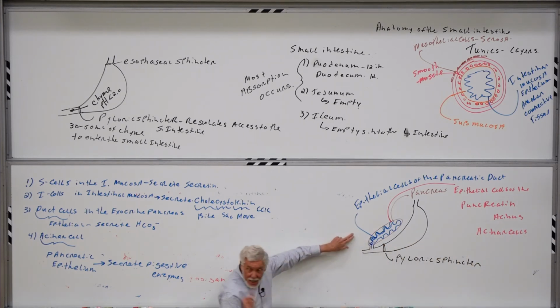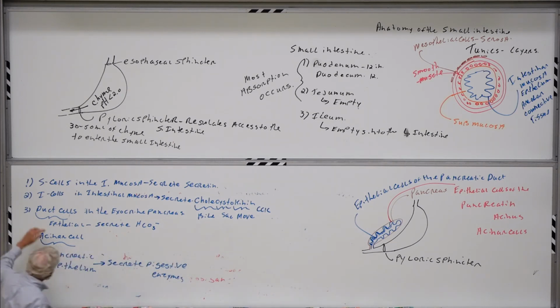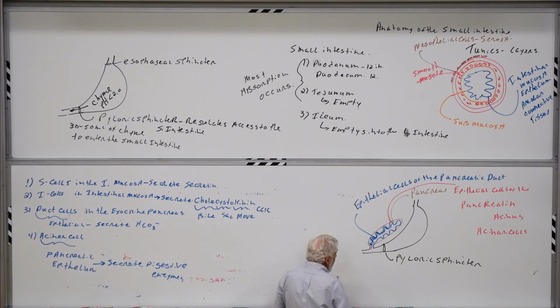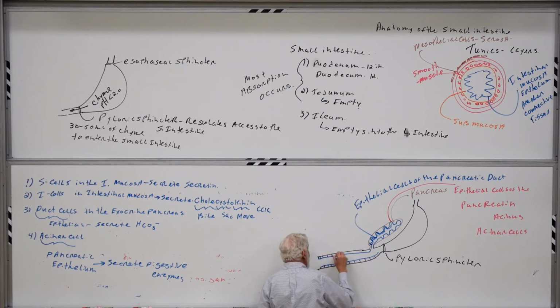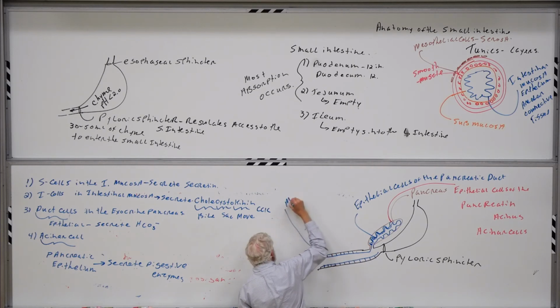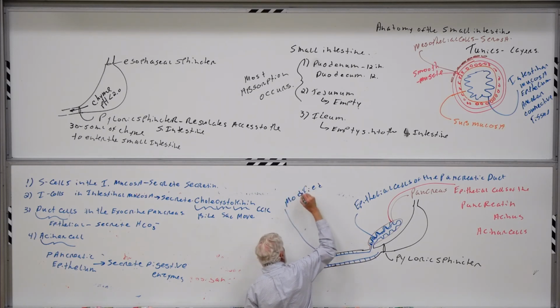So the two major players here in the pancreas, in the pancreatic epithelium, will be the duct cells and the acinar cells. But meanwhile, down here in the small intestine, let me make this a little bit bigger. Again, among the epithelial cells of the mucosa will have cells which I'm going to label here as modified enterocytes.